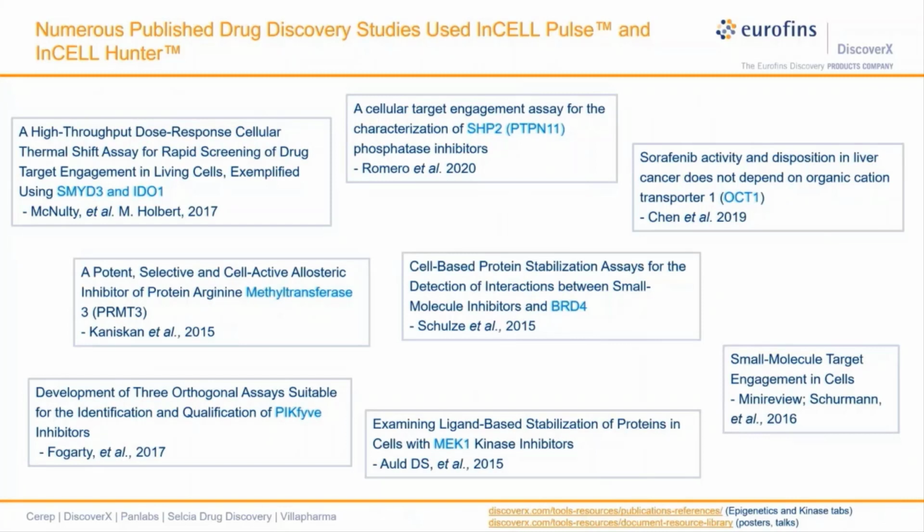Numerous studies have been published by pharma drug discovery groups using InCELL target engagement assays, a sampling of which are shown in this slide. Links to all of these and additional references and resources are available at discoverx.com/InCELL.